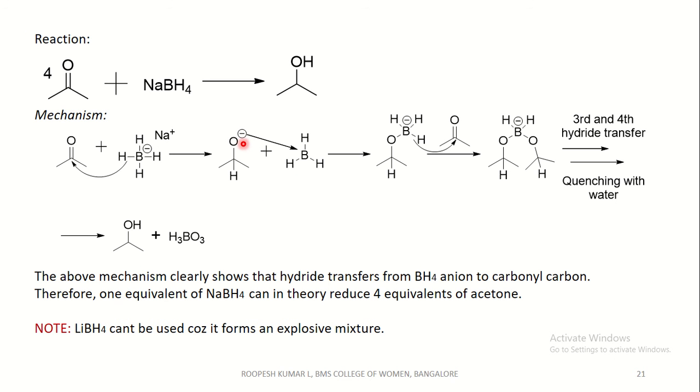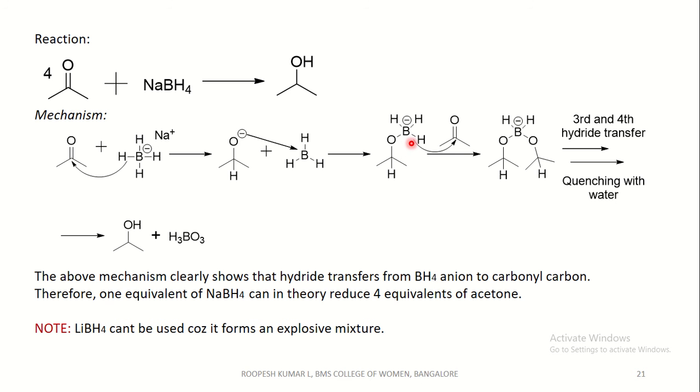And again the negative charge on oxygen attacks the BH3 to form the corresponding alkoxyborohydride. Here this boron has an empty p orbital, so this negative charge attacks the boron to form a boron anion.